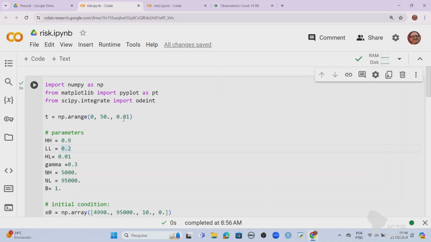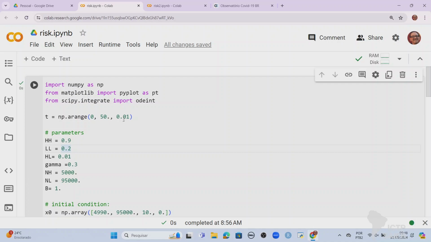Gamma is gamma. So here I'm in a situation where the high risk group has, I put 0.9 compared to 0.3. So this means that this R0 here is bigger than 1, right? It's actually 3. Okay, 0.9 divided by 0.3.